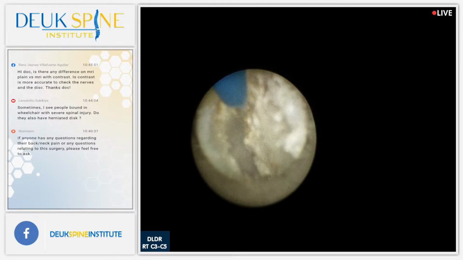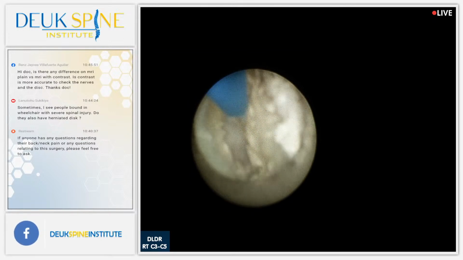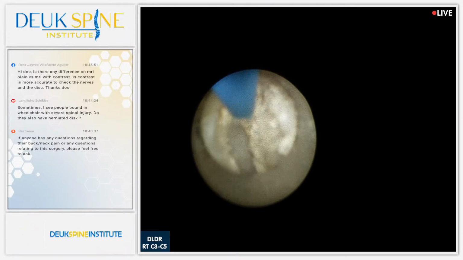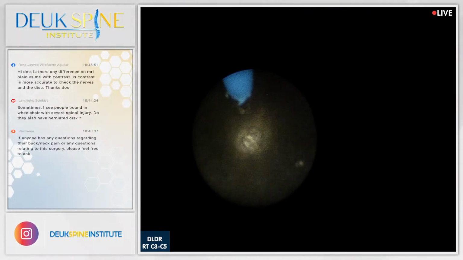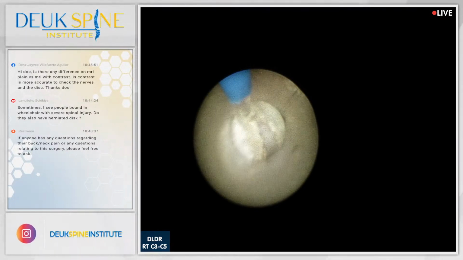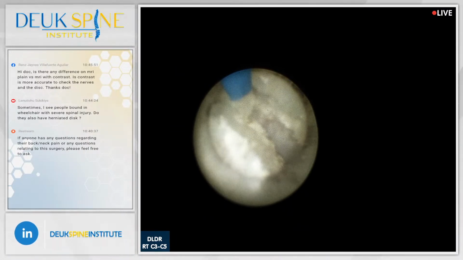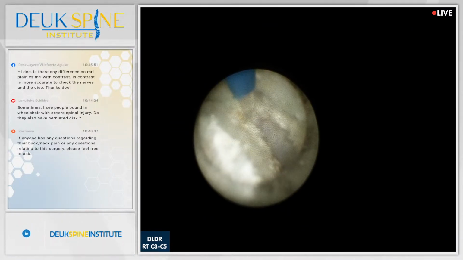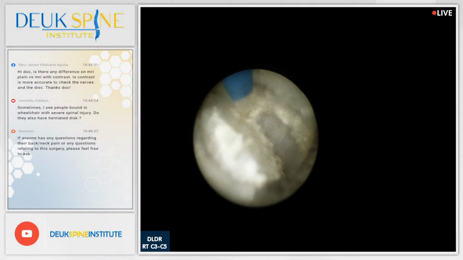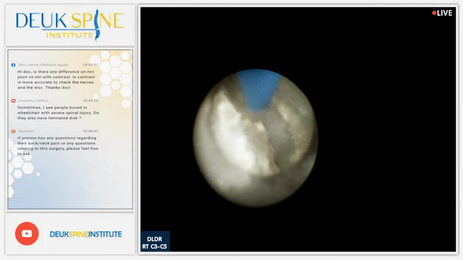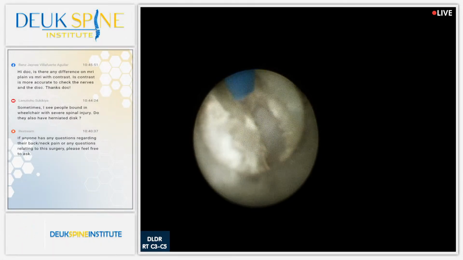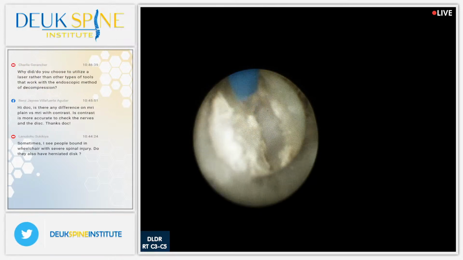Issues with the spinal cord, which is the very delicate nerves found inside the spine, when those are damaged, they never heal. They never repair themselves. So unfortunately, those patients carry a lifelong deficit that is not fixable with modern surgery or any treatment.